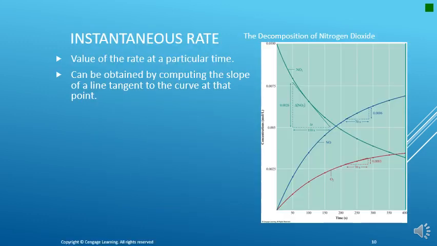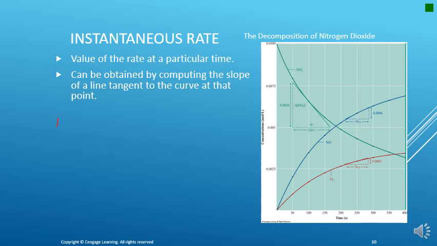Now, when we are talking about chemical kinetics, again, we're measuring the rate of the reaction. So we have a couple of different types of reaction rates that we can measure. The first of which is an instantaneous rate. With an instantaneous rate, it is literally talking about at any point in time t in a reaction, what is the rate of the reaction.